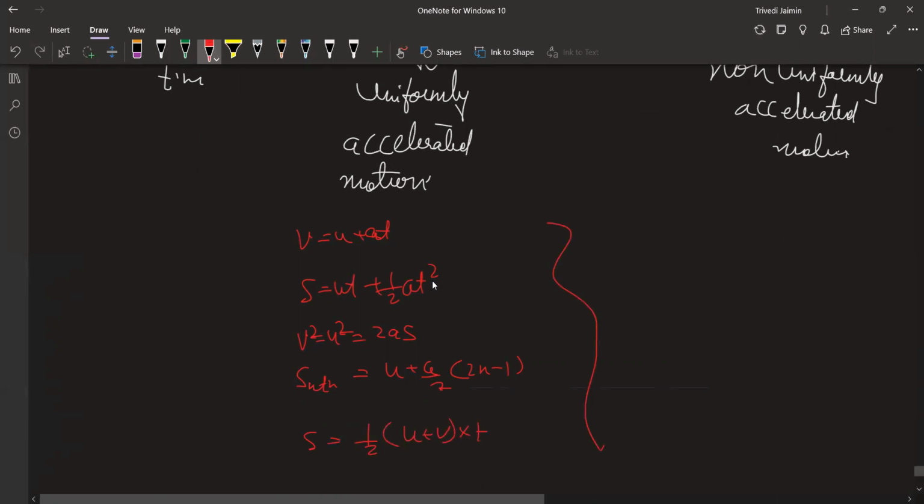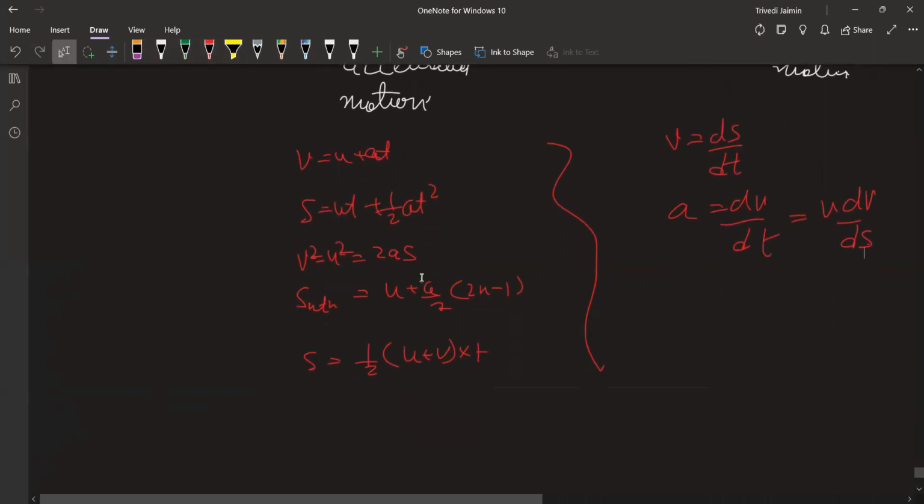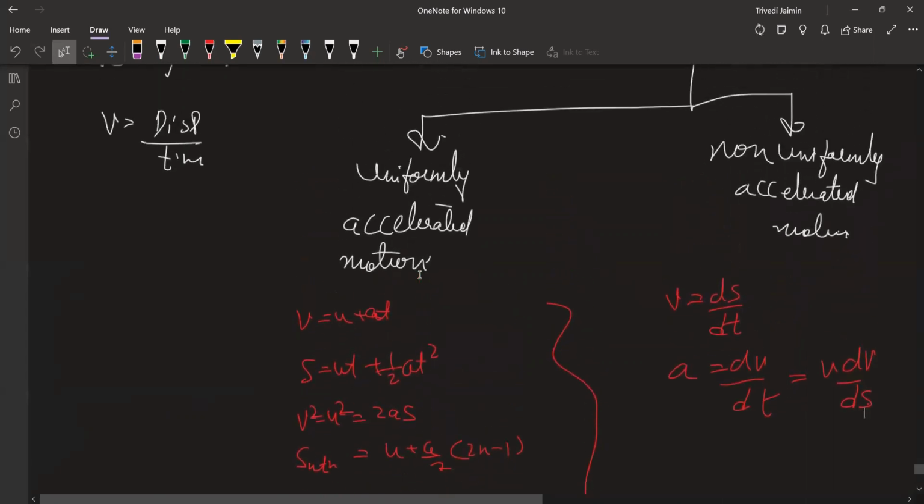This is all we studied for uniformly accelerated motion. Non-uniform, we saw v equals ds by dt, a equals dv by dt, or v dv by ds, right? So this is all we did today.